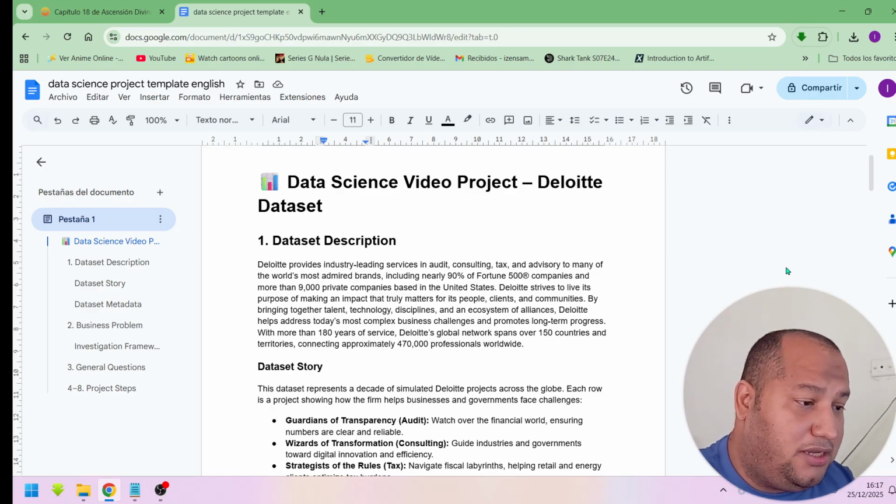Deloitte is a company that provides industry-leading services in audit, consulting, tax, and advisory to many of the world's most admired brands. More than 9,000 private companies based in the US, and this is what they do.